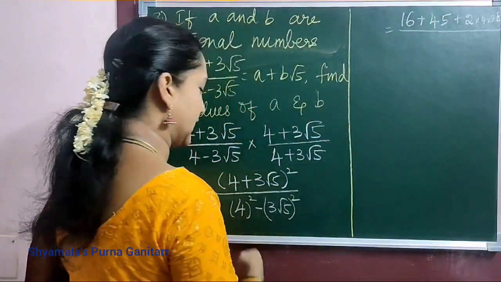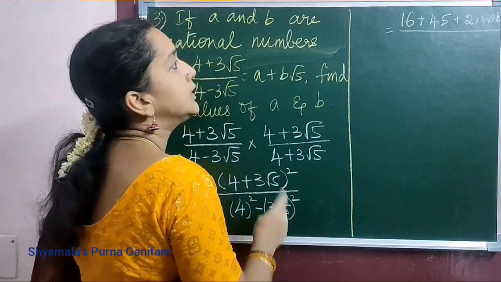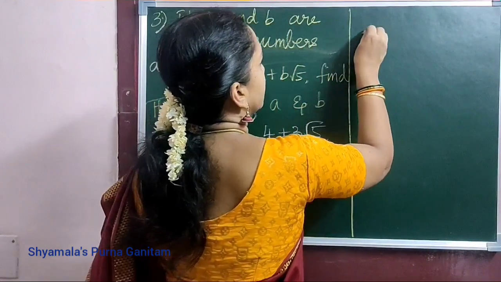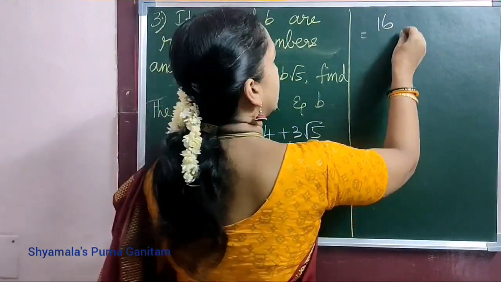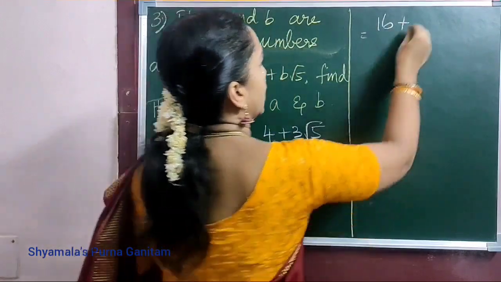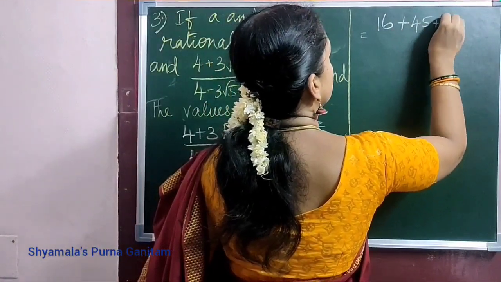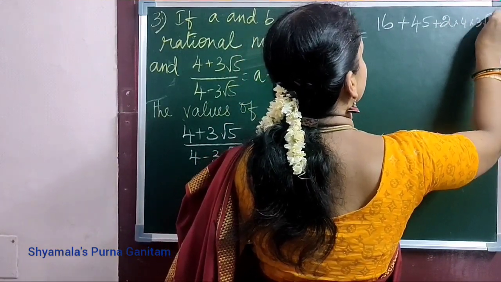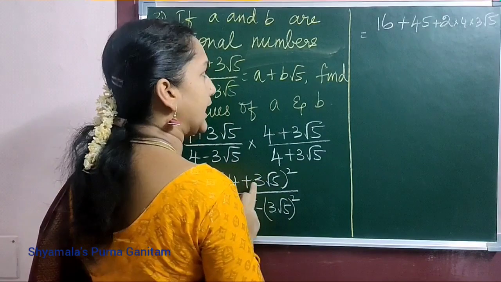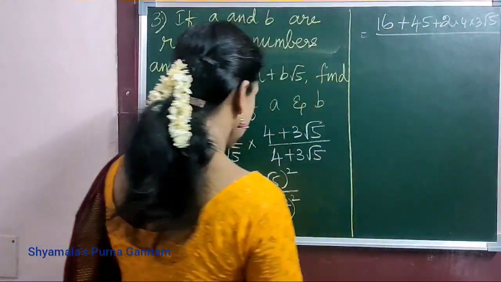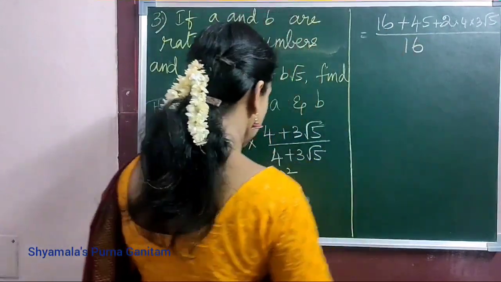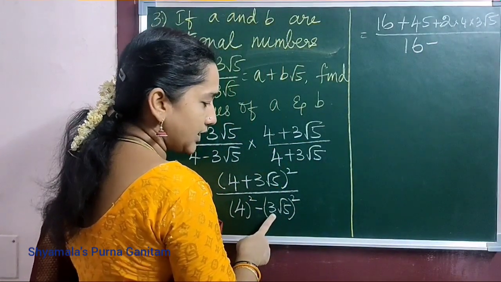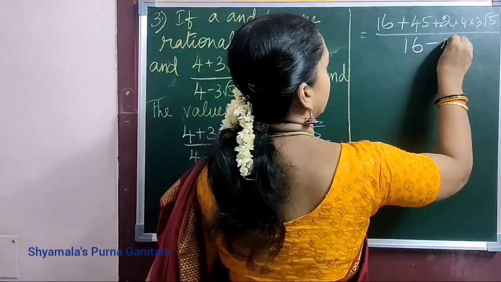And for the denominator, the same way as I told you, one more time I will write. So 16 plus 45 plus 2 into 4 into 3 root 5, which is 2ab. In the denominator, 4 4s are 16, a square, minus, as I explained, 3 3s are 9, 9 5s are 45.